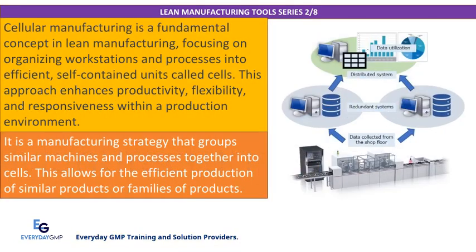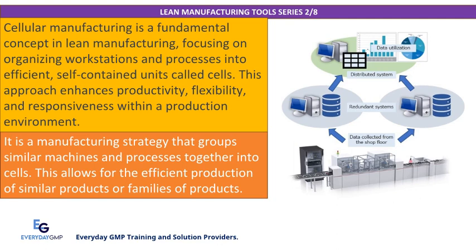Cellular manufacturing is a fundamental concept in lean manufacturing, focusing on organizing workstations and processes into efficient, self-contained units called cells. This approach enhances productivity, flexibility, and responsiveness within a production environment.